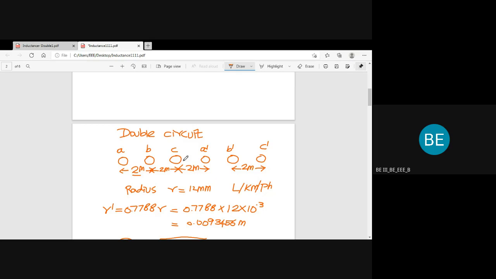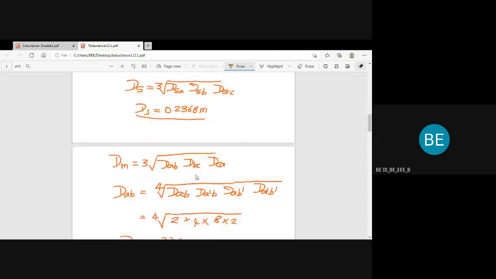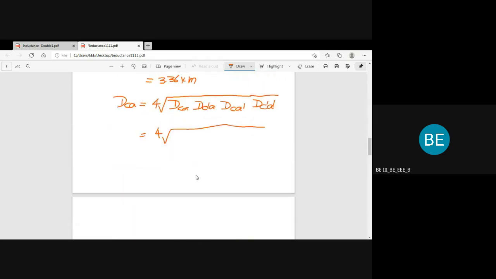Now C to A dash will be 2 meter, and C dash to A will be 4. Then C dash to A, so 2, 2, 2, 2, 2, totally 10. So you can find the distance.